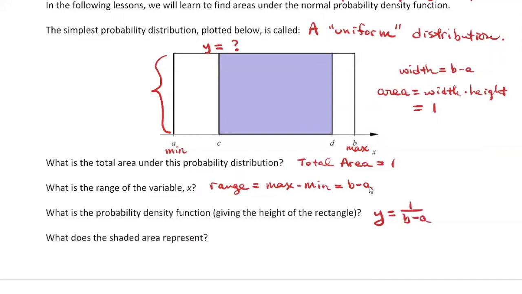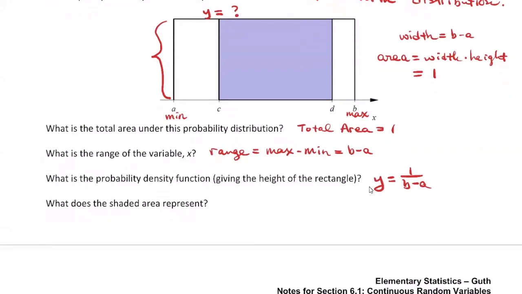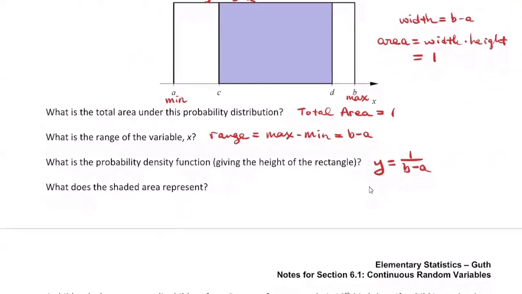Okay, and so the density function, I'll put up here as well, y equals 1 over B minus A. So the total area will be 1. Okay, what does the area represent?